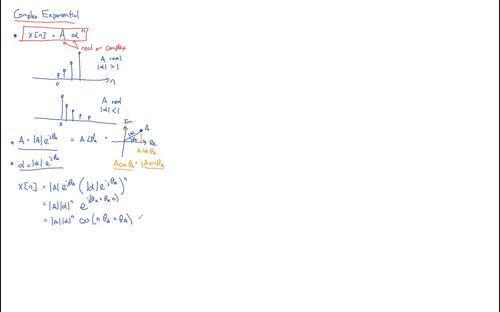So we get this, and then we're going to have an imaginary part that's equal to this. It shouldn't surprise us that if our A is complex and our alpha is complex, then when we put things to powers and we multiply, our resulting sequence is complex. But if you just look at the real part for a second, just at this part, you can see that it's composed of one piece here that's either expanding up or contracting down, and then it's composed of a second piece that's oscillating.